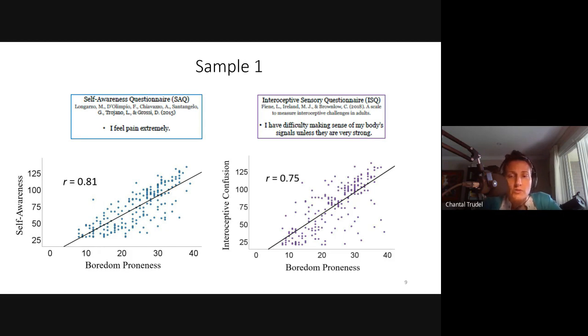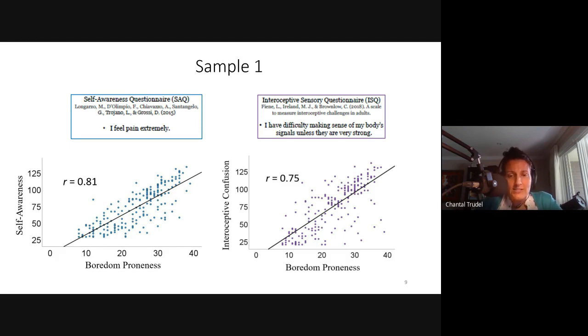And on the right, the strong correlation with the Interoceptive Sensory Questionnaire, which contains questions such as: I have difficulty making sense of my body's signals unless they are very strong, I only notice I need to eat when I'm in pain, feeling nauseous, weak, or I'm confused about my bodily sensations. So what these correlations show us is that although they're paying a lot of attention to their internal cues, boredom-prone individuals find it challenging to make sense of these interoceptive signals.